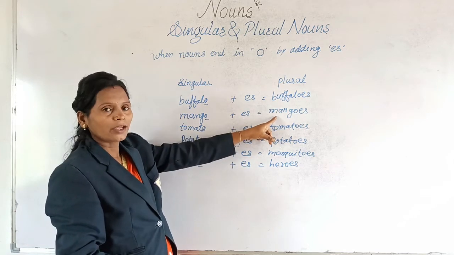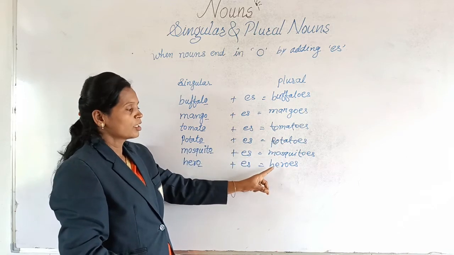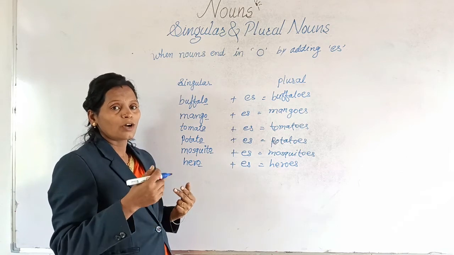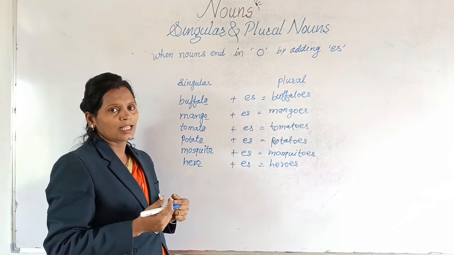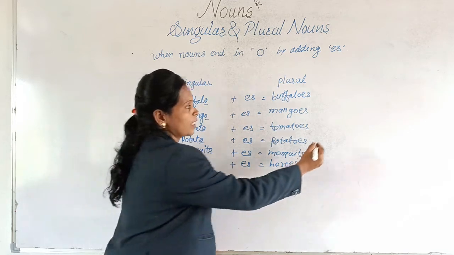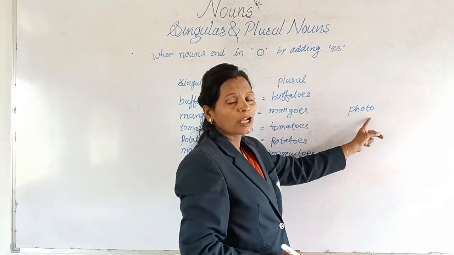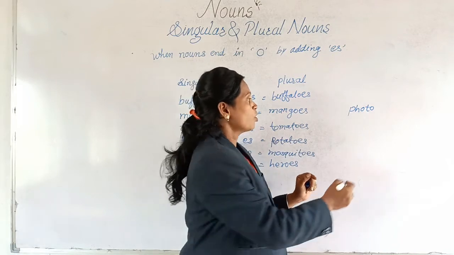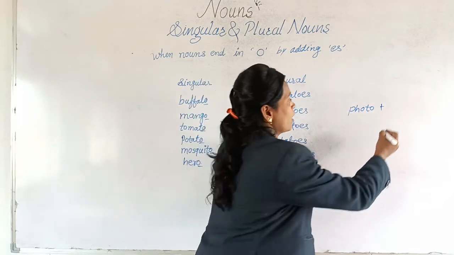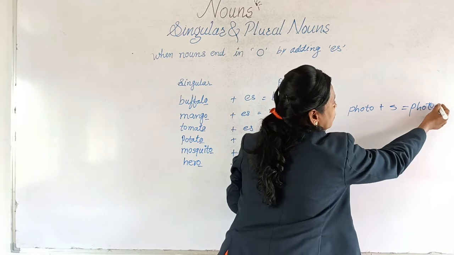Buffaloes, mangoes, tomatoes, potatoes, mosquitoes, heroes. But some nouns do not follow this rule. They do not change like that. We only add S. Photo, photos. Here we do not have to add ES, because this noun does not follow the rule.